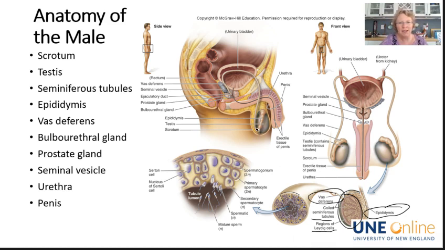The vas deferens leads from the testis and is going to go along through the bulbourethral gland, prostate gland, and the seminal vesicles, and then empty out the urethra and then out the penis.